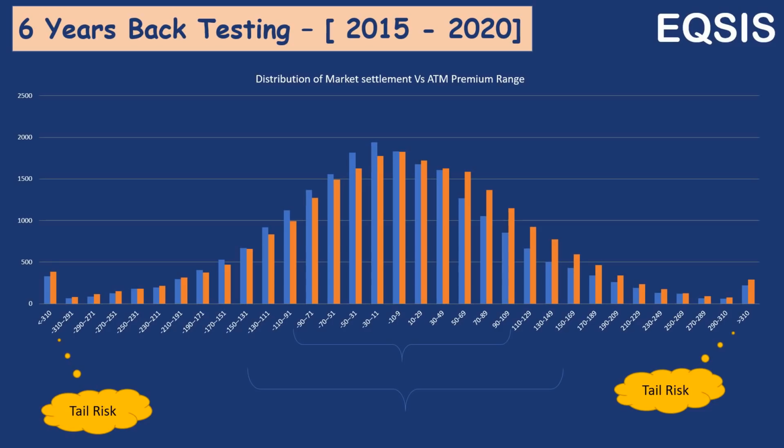But understand one thing, sir. Although the success ratios are in our favor, there is a tail risk. Sometimes the market can go 3 to 4 times away from that. Those scenarios can wipe you and me out of the picture. So always mind your risk.